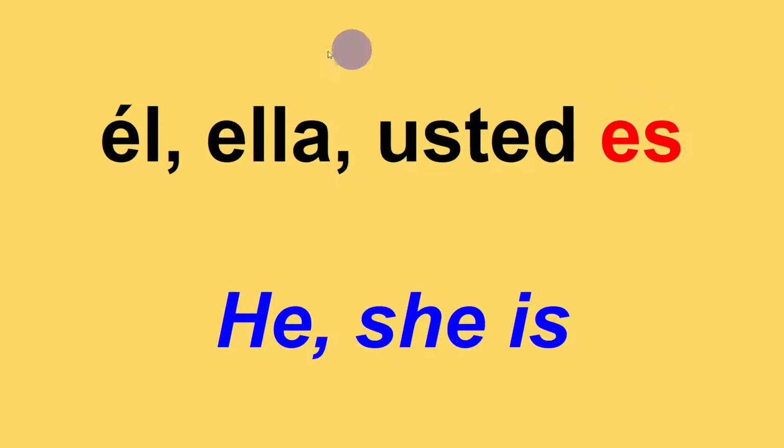As you can tell, all these 3 pronouns use the same conjugated verb. So that's why I put them together. And this is how I'm going to keep them together for the rest of the whole class and classes. Okay, let's continue.